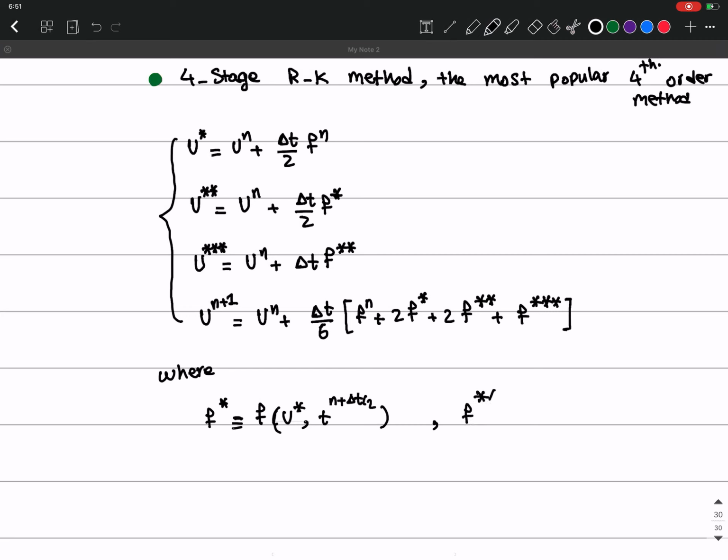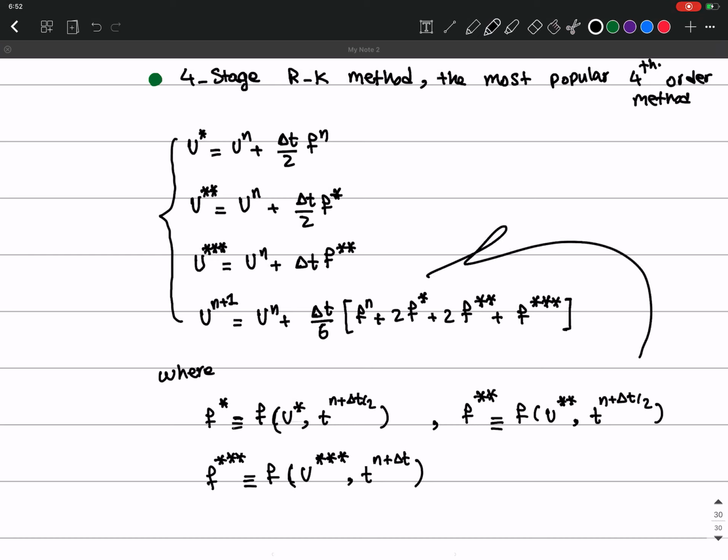F double star is defined as F at U double star, T N plus delta T over 2, and F triple star is defined as F of U triple star, T N plus delta T. Okay, so these are the definitions of F stars that we used here.